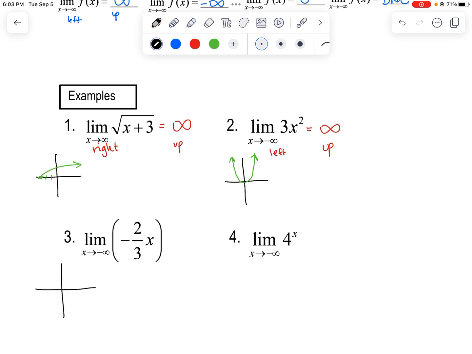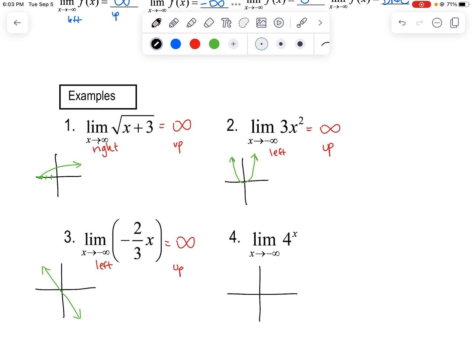All right, number 3, we're looking at the left arrow, x approaches negative infinity, of this line, negative 2/3 x. A line with a negative slope is going to go this direction, which means that left arrow is going up to positive infinity.